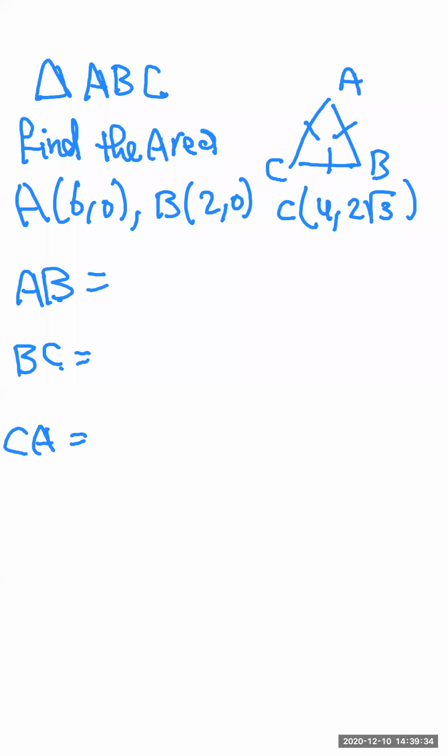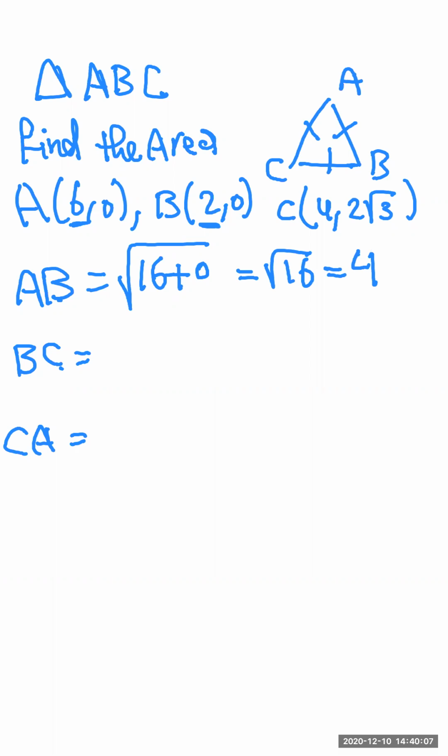Then I will check that they are all equal, so this triangle is equilateral. Okay, so AB will equal the square root of x2 minus x1. So here x2 means 2 minus 6, means negative 4 squared, so 16, plus 0, because 0 minus 0 equals 0, and 0 squared means 0. So this one equals the square root of 16, which is 4.